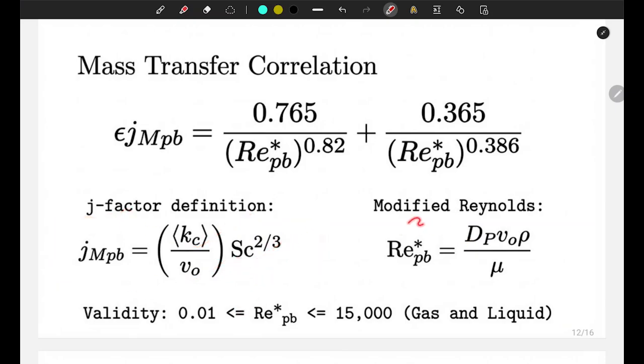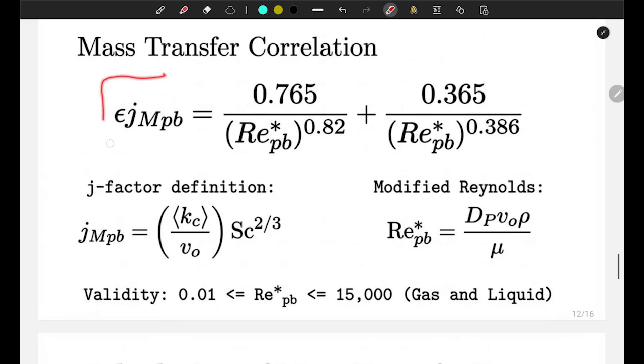Then for the packed bed Reynolds number, a formula similar to the normal Reynolds number formula is used. The validity is given by the Reynolds number being between 0.01 and 15,000, for both gases and liquids.